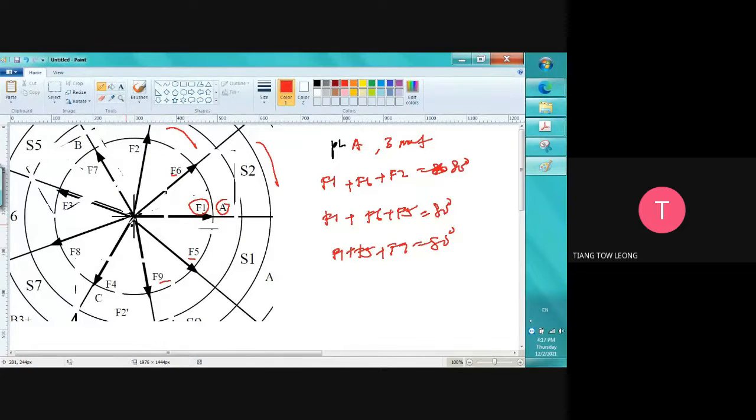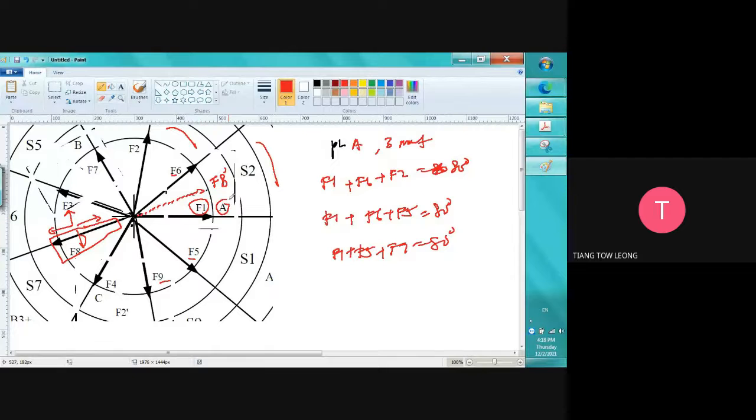Then there's a trick where we can choose even the lowest value. How to do that is we reverse this order. This one by right goes out, but we reverse it to the other side. It must only go to the other side; it cannot go here and there. Then we name it F8 prime.